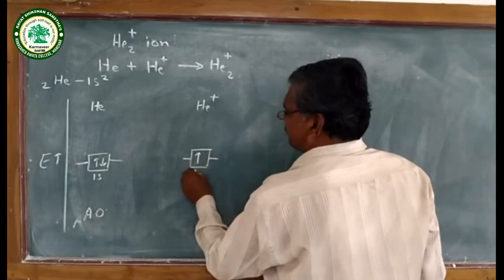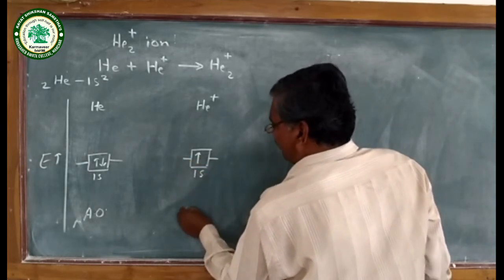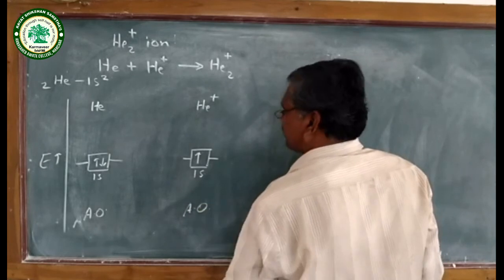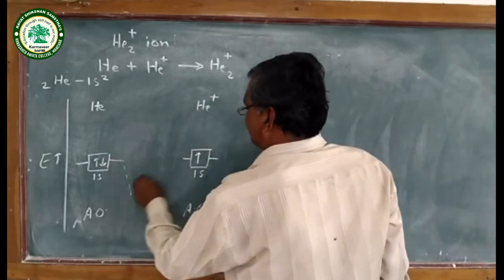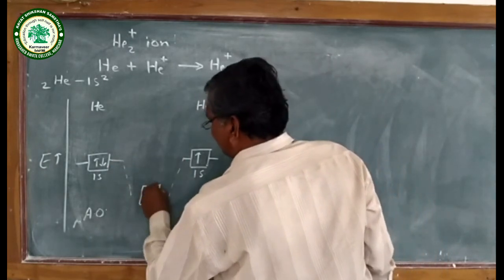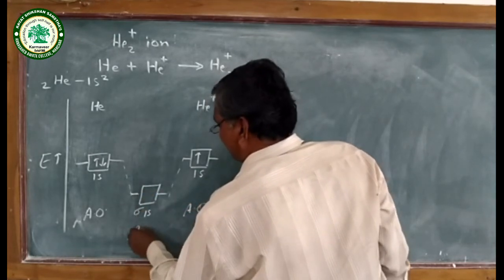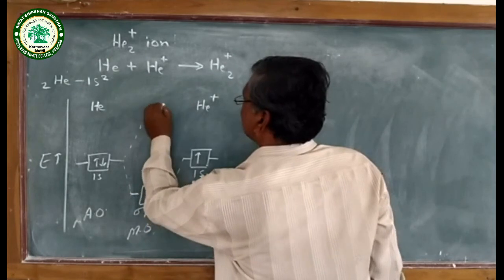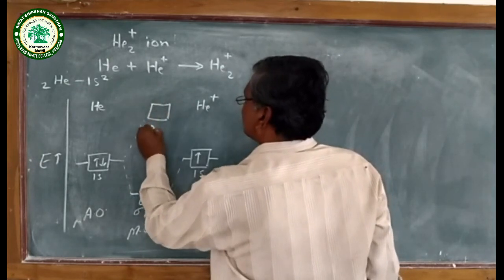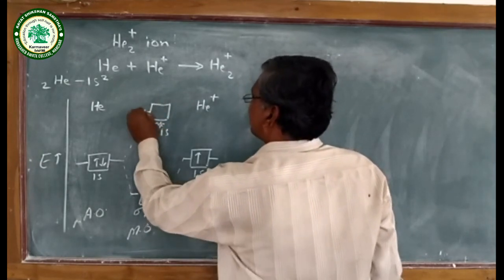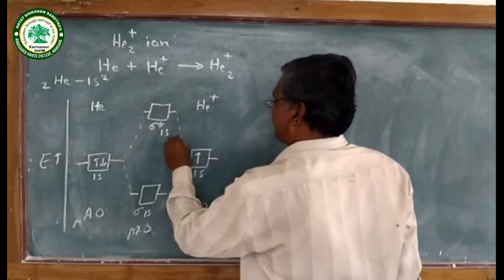So there is one electron in the 1s orbital of He plus ion. These combine to form the sigma 1s bonding molecular orbital and sigma star 1s antibonding molecular orbital.